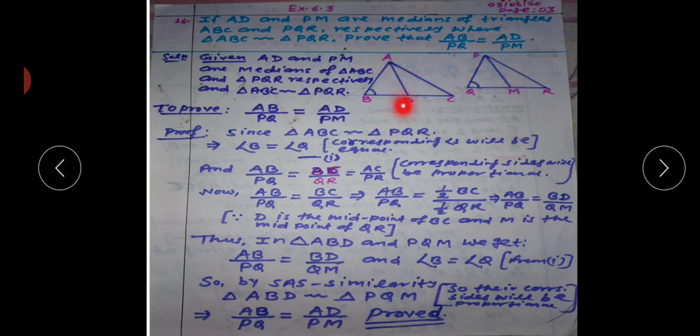In the solution you have to write first what is given in the question. So it is given that AD and PM are medians of triangles ABC and PQR respectively, and triangle ABC is similar to triangle PQR. We have to prove that the ratio of AB and PQ is equal to the ratio of AD and PM. So let us prove it.